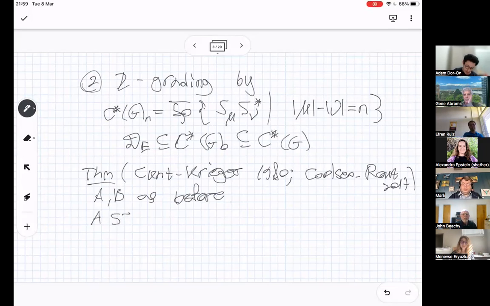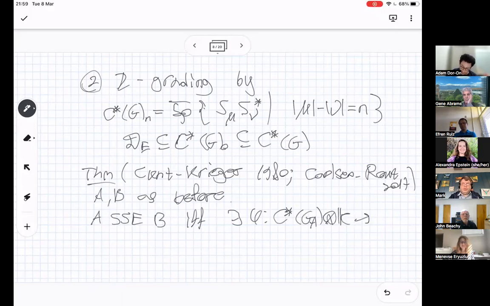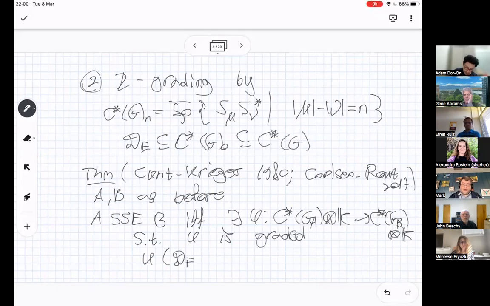Then A is strong shift equivalent to B if and only if there exists phi, which we like to call a stable isomorphism, I'll explain what that means in a moment, such that phi is graded and it preserves the copy of this subshift diagonal.